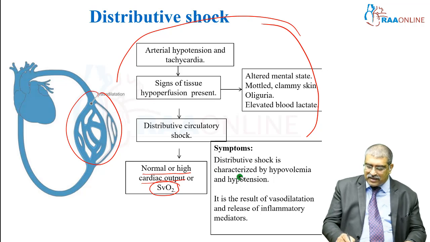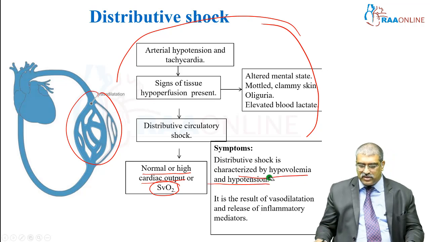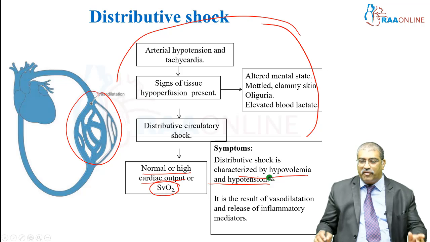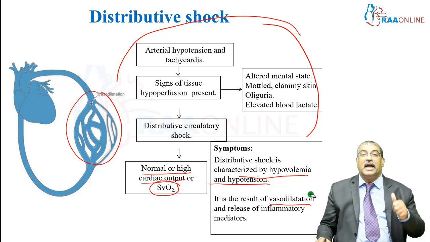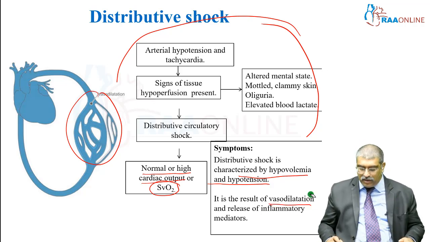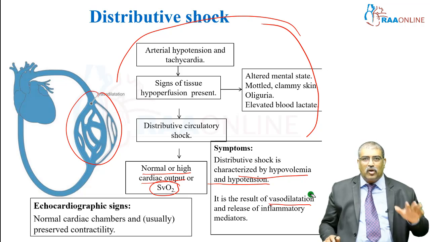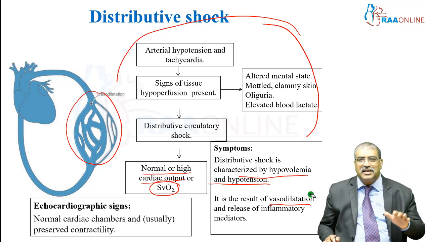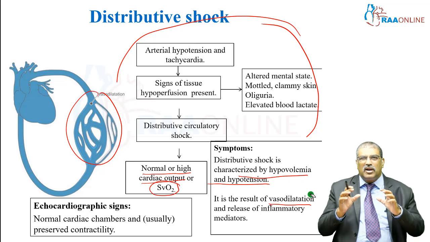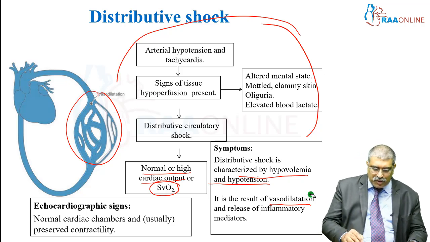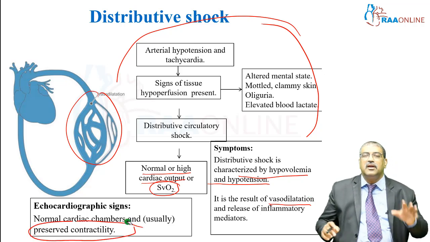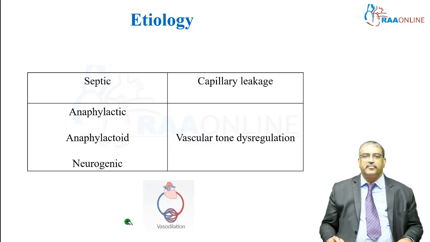Here, it is characterized by hypovolemia and hypotension. It is a result of vasodilatation and release of inflammatory mediators. Echocardiography, here the heart chambers will be normal or slightly reduced and usually the contractility is well preserved.